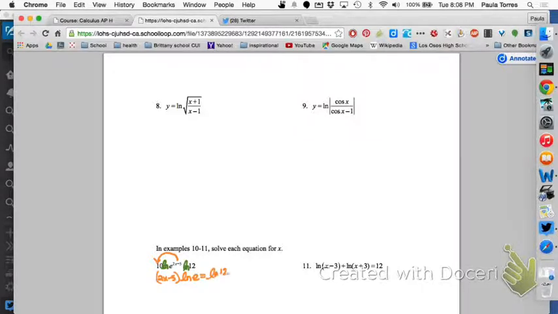Natural log of 12. Of course, natural log of e, I know you know, is 1. So I have 2x minus 5. And then in order to get x by itself, of course, I'll add 5 and divide by 2. So I get x equals natural log of 12 plus the 5 and everything divided by 2. That's all review.